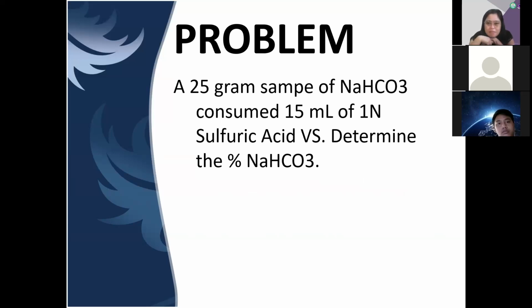A 25 gram sample of sodium bicarb consumed 15 ml of 1 N sulfuric acid. This is acidimetry since the sample is sodium bicarb and the titrant is sulfuric acid. But nevertheless, let's just try to solve the percent purity of the sodium bicarb using the same formula. Okay?